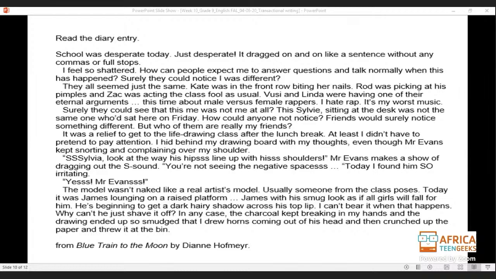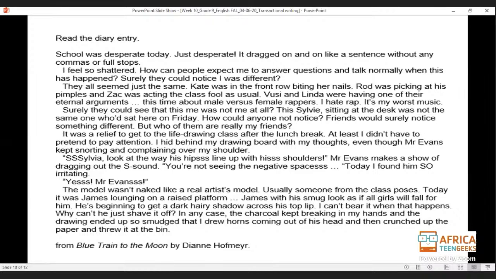So Benny, if you say the first one is formal, why do you say the first one is formal? Because he or she used the correct form of a diary. Ah, okay. So it uses the elements that we need, that you are usually assessed on when you write shorter transactional texts.